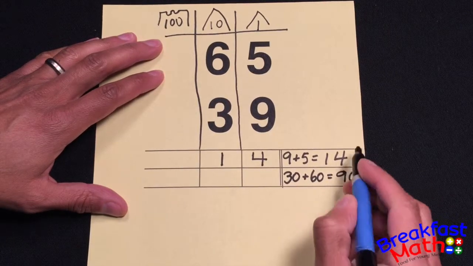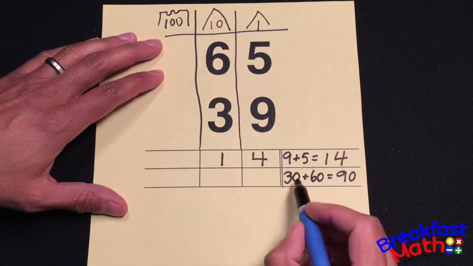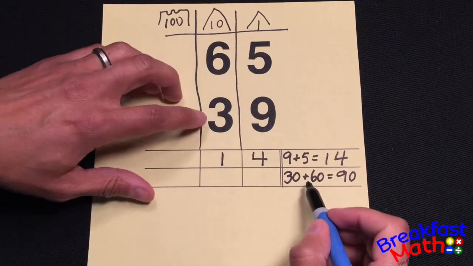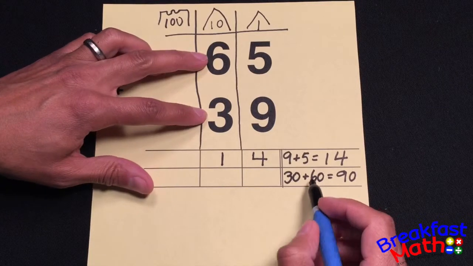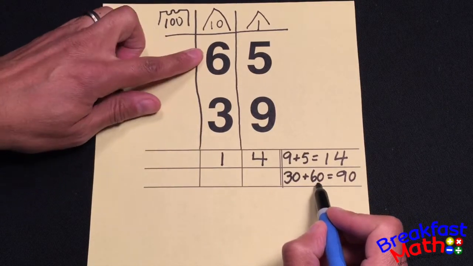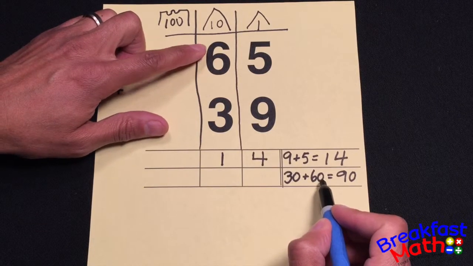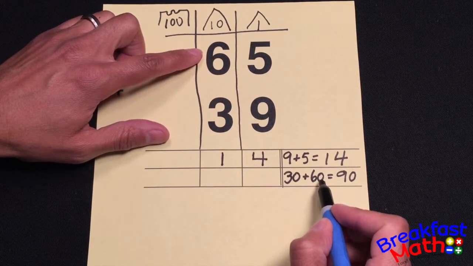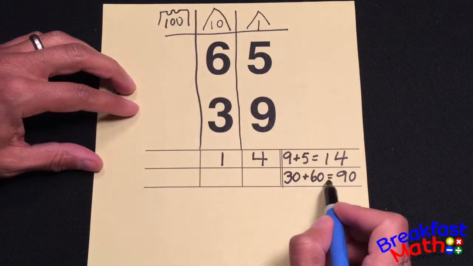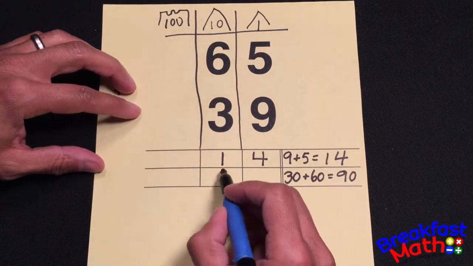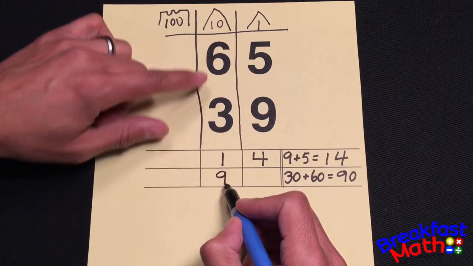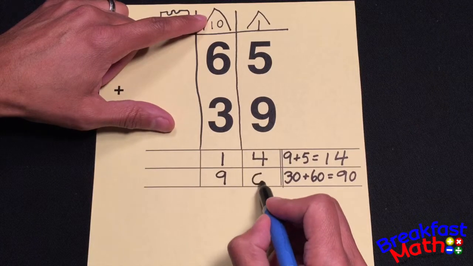So you're seeing the value of this, and having the child actually write out 30 plus 60, because it's easy to say 3 plus 6, but if they write out 30 plus 60, then they really can get that this is not a 3 and a 6, it's a 30 and a 60 equals 90. And again, you come right over here, and you put the 9 right here because it's really a 90, 9 tens, and there's 0 ones.